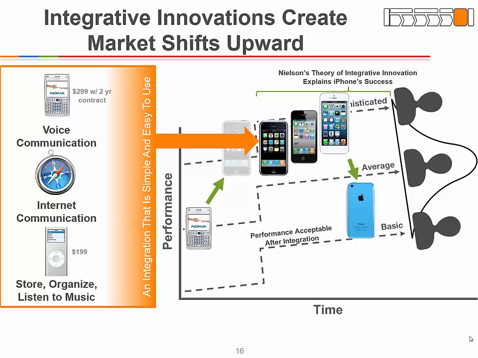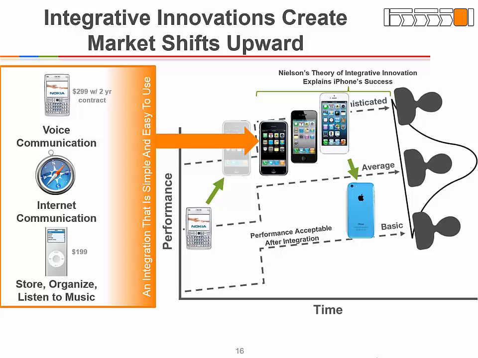It does it in a way that makes sense from the base market. You notice what happened is in the beginning there was the Nokia, and if Nokia had just continued to go along that path without stepping up to where the iPhone was, they're going to be only appealing to the very bottom of the market. And the market will actually shift right up away from them.